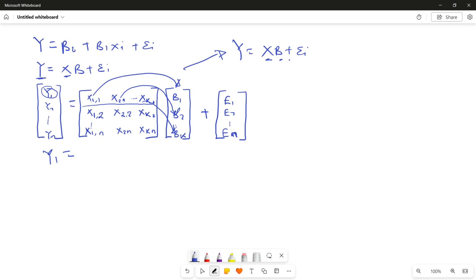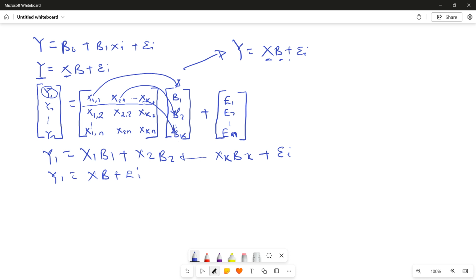At the end of the day, we'll still get x1 multiplied by beta 1 plus x2 multiplied by beta 2, plus xk multiplied by beta k, plus the error term. When simplified, this will still give us yi is equal to xb plus the error term.